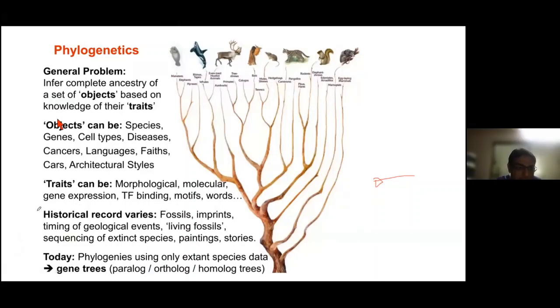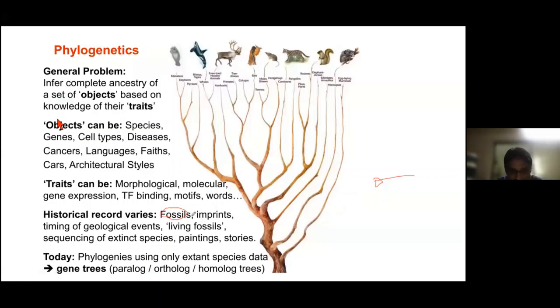But anthropologists use fossils, and there are some problems with using fossils. For microorganisms, it is almost impossible to find a fossil. For a number of organisms, we might find incomplete fossil information.